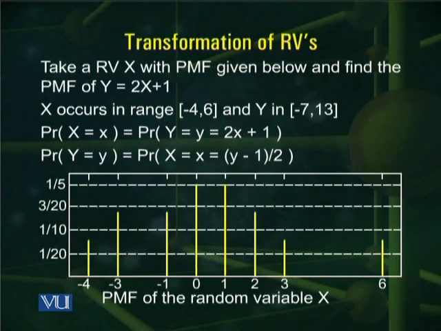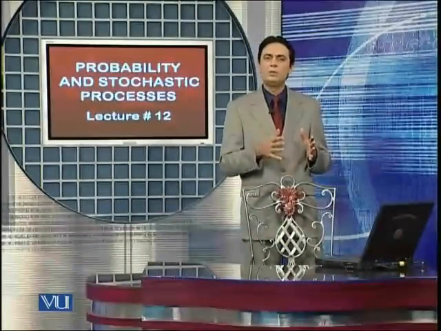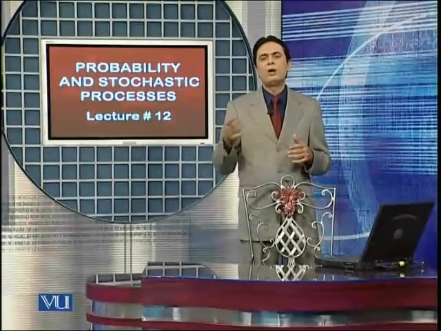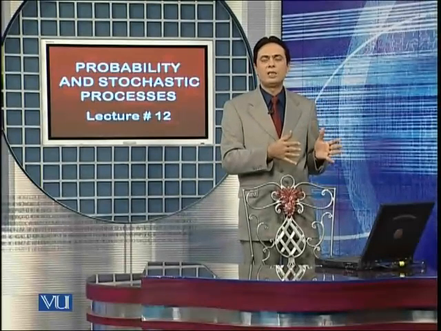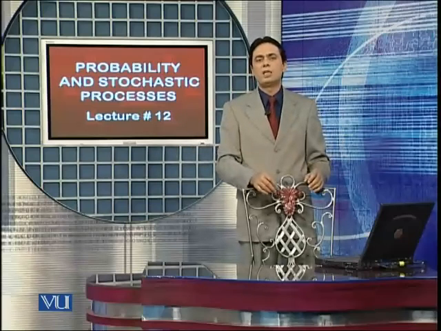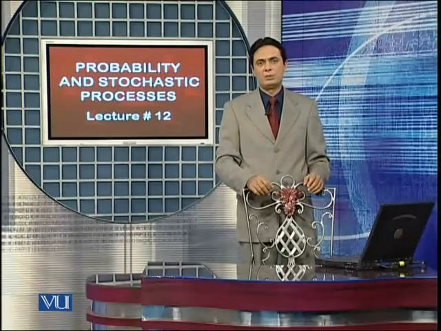If we fit all the possible values x takes into this formula y is equal to 2x plus 1, we'll get all possible values of y being equal to -7, -5, -1, 1, 3, 5, 7 and 13. Since this transformation takes random variable x and transforms it to random variable y, there are 8 values in random variable x and 8 values in random variable y. Remember, this transformation is one-to-one and reversible.